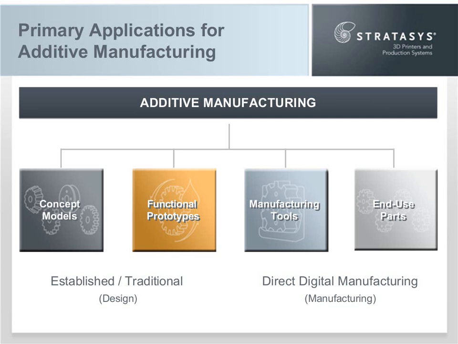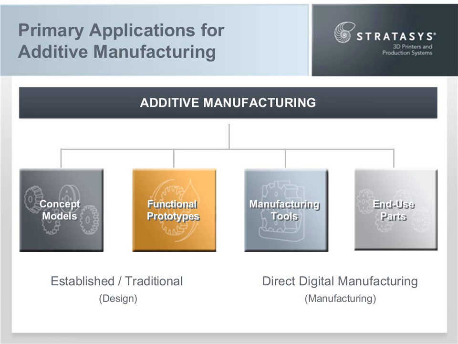On the right-hand side, we have the manufacturing applications. This is a large area of growth for the industry, and every day more and more people are adopting manufacturing applications, or what we call direct digital manufacturing, DDM. The first one is manufacturing tools. That will be our focus today. Basically, we're talking about a collection of items used to produce, inspect, or handle manufactured goods.